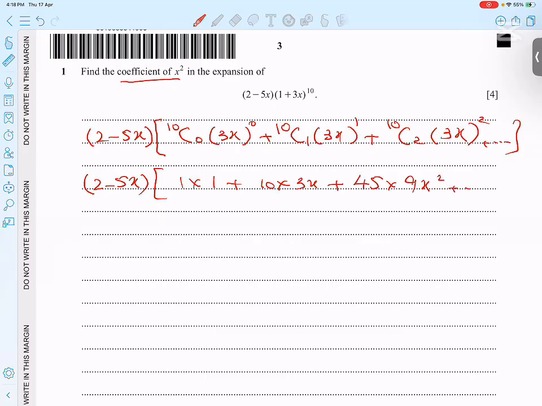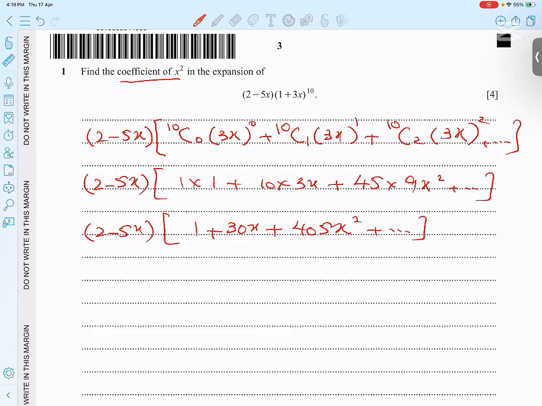So on, so forth, 2 minus 5x, and after that, 1 plus 30x, and this is 405 x to power 2.